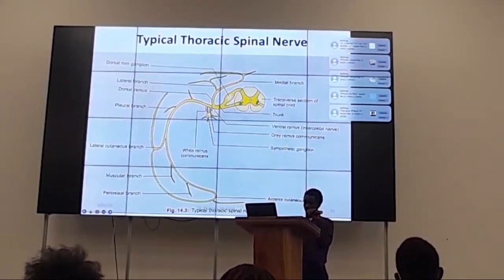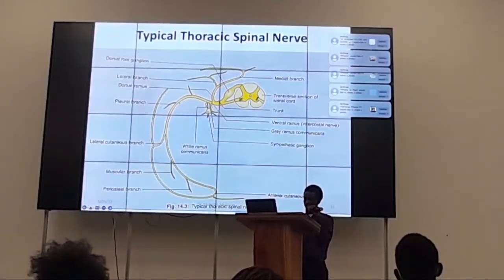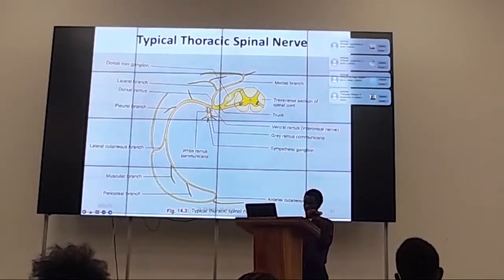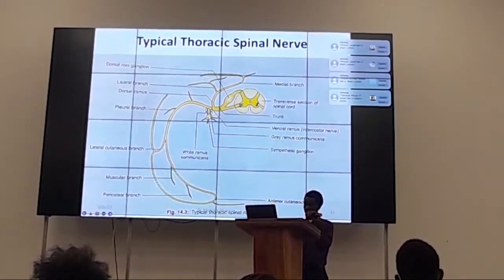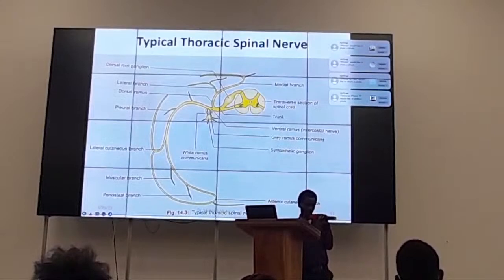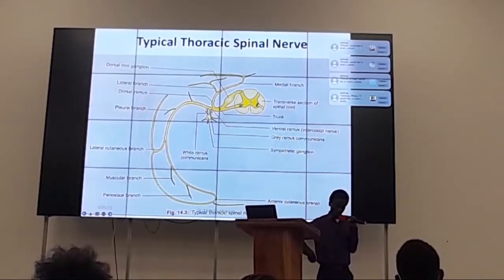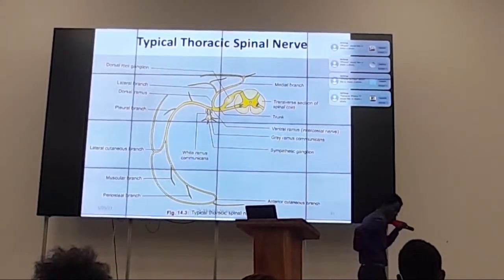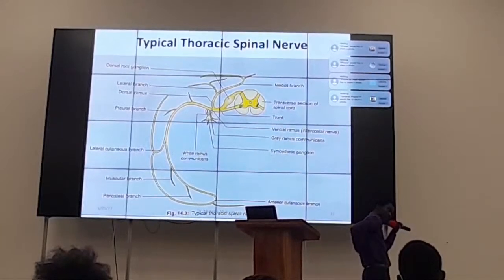Now this ventral primary ramus, as we can see, is bigger or longer than the dorsal primary ramus, because the dorsal is just coming to supply the structures at the posterior trunk. Okay?